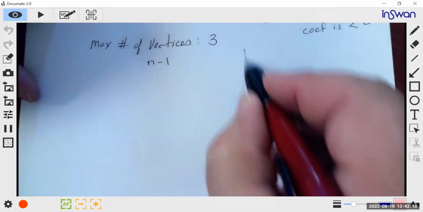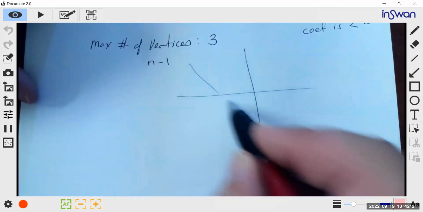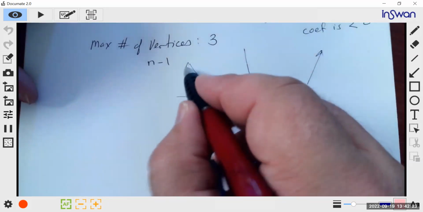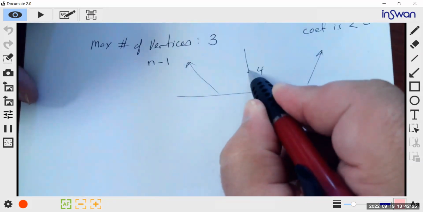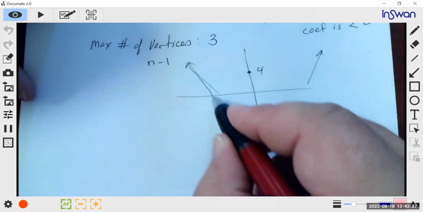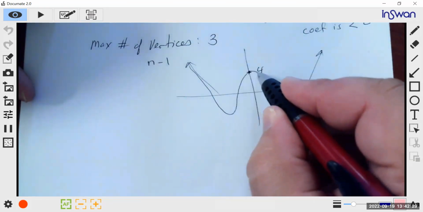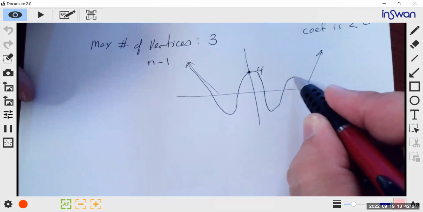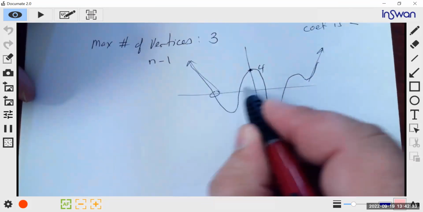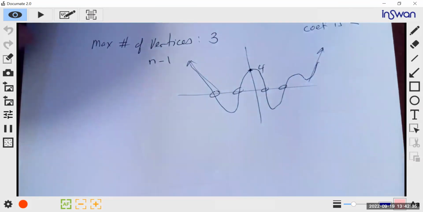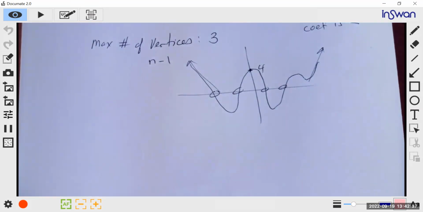So basically, our graph will look something like this. We know both ends have to point the same direction, it has to cross through 4, and we'll have at most 4 intercepts. But again, that comes later on.